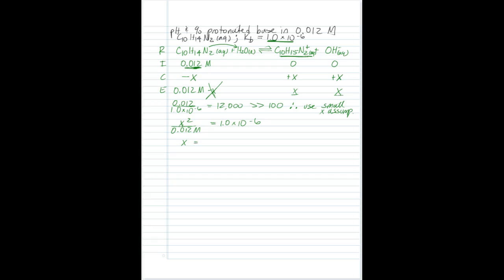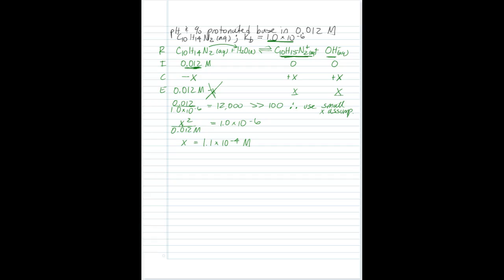Okay, so if we solve for x, then we will end up getting 1.1 times 10 to the negative 4. And so this equals our concentration of the protonated base up here. It equals the concentration of our OH minus right here.